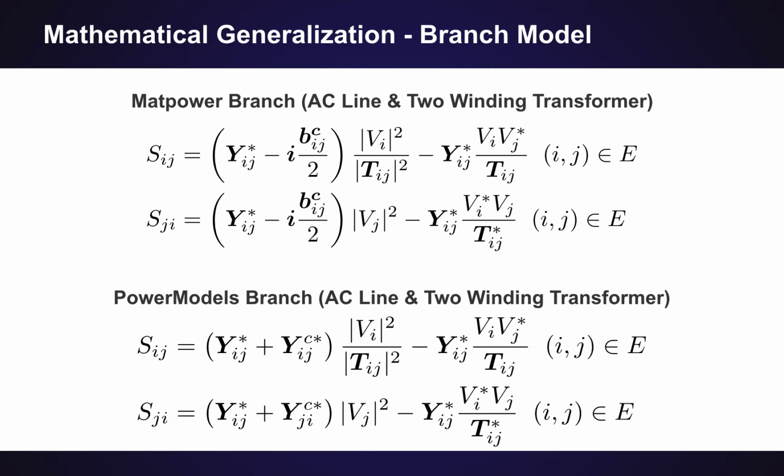The PowerModels branch model will be slightly more general in that the line charging parameter will be a full complex number, which includes both a conductance and a susceptance, and it can be different on either side of the line, so it will be asymmetric. So the main change that we're making here is that we're going to generalize this particular parameter, and you can imagine that it's quite easy to map Matpower into this more general model.